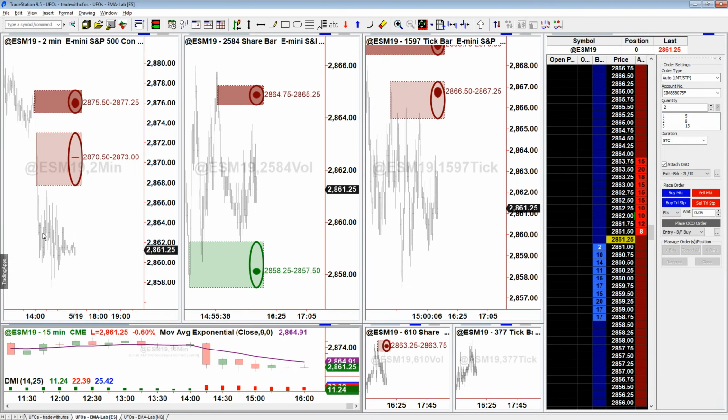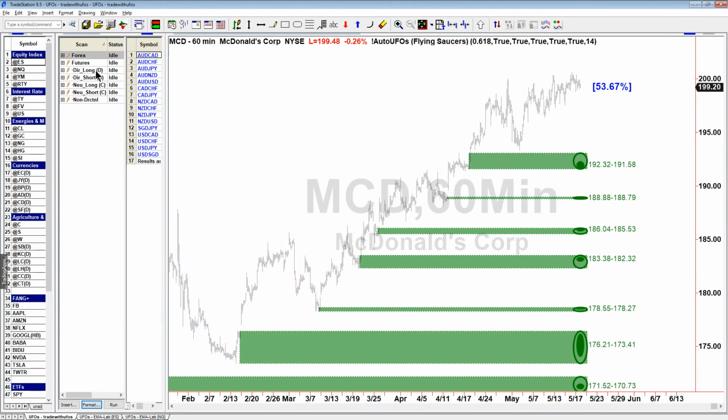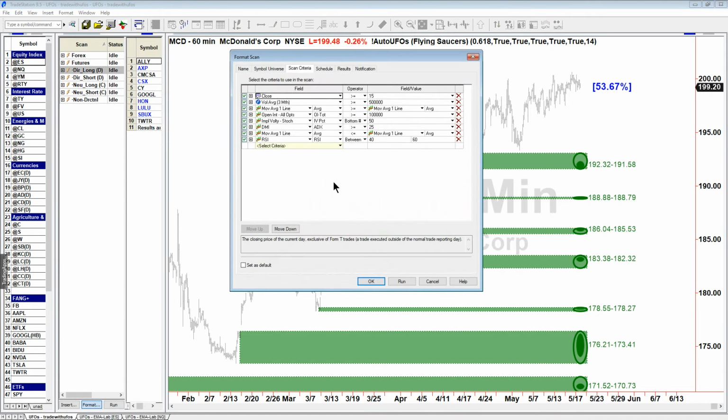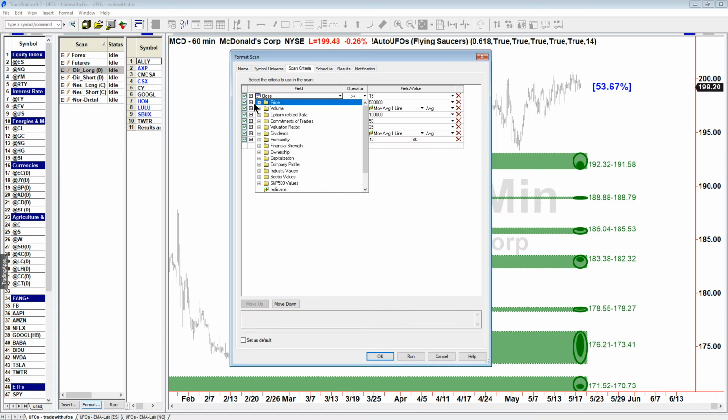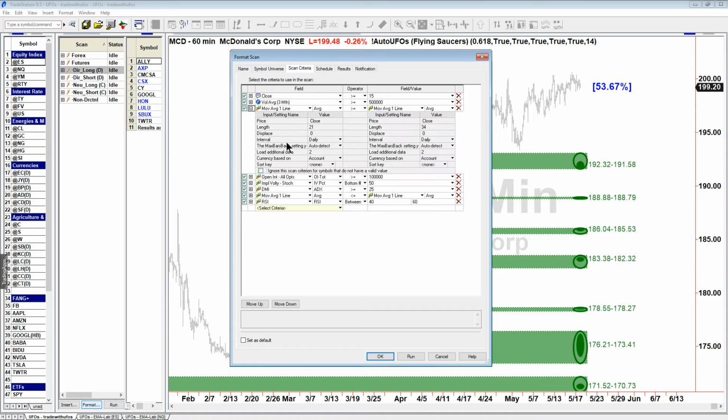Because look at this. If I move to my scan, and in my scan, I have formatted, right? And I'm looking at close, so close means close. If I want it to be pre and post market, I should select last. If I do last, now we would be looking at pre and post market. Same applies for the moving averages, right?